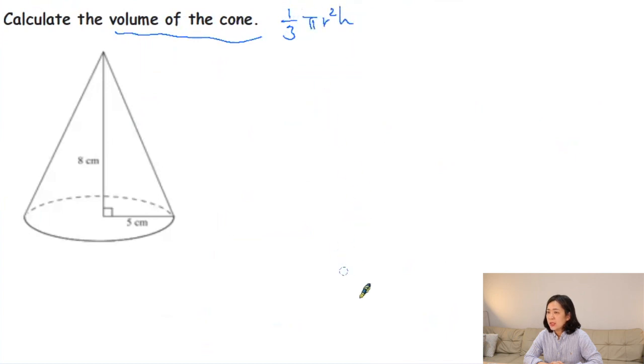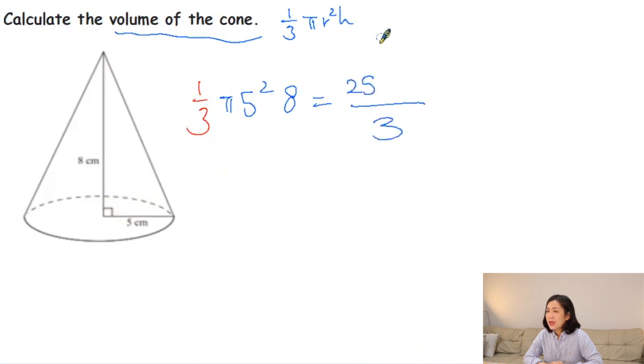That's what we need to do. So r is 5, then 1/3 pi, then r squared is 5 squared, times 8. Now we've got a third, and 25 times 8 pi. That's the answer. Let's try to calculate them.